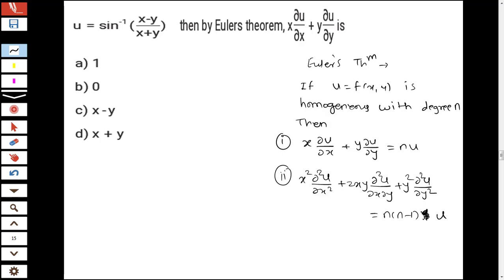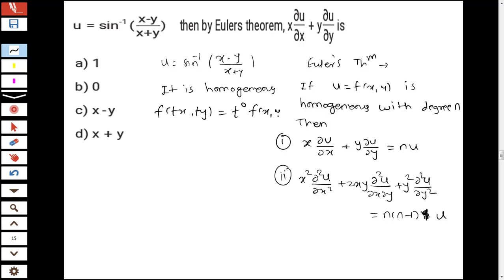Okay. Now in this example you can see that u is given as sine inverse of (x minus y) upon (x plus y), and it is homogeneous, because if you simplify f of tx ty, it will be equal to t raised to 0 f of xy.